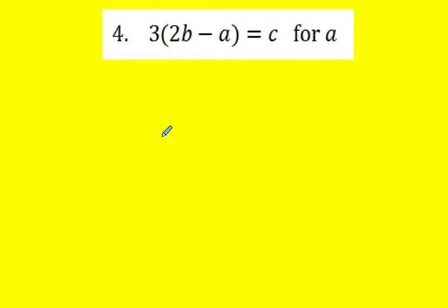Moving to our next example, notice here that I'm being asked to solve for a. So the a that I'm solving for is in here inside of the parentheses. We know that when we see a set of parentheses with a number written outside of it, that means that we are going to need to distribute. So we are going to go ahead and distribute here because that is going to impact our a. So I'm going to distribute 3 to here and to here.